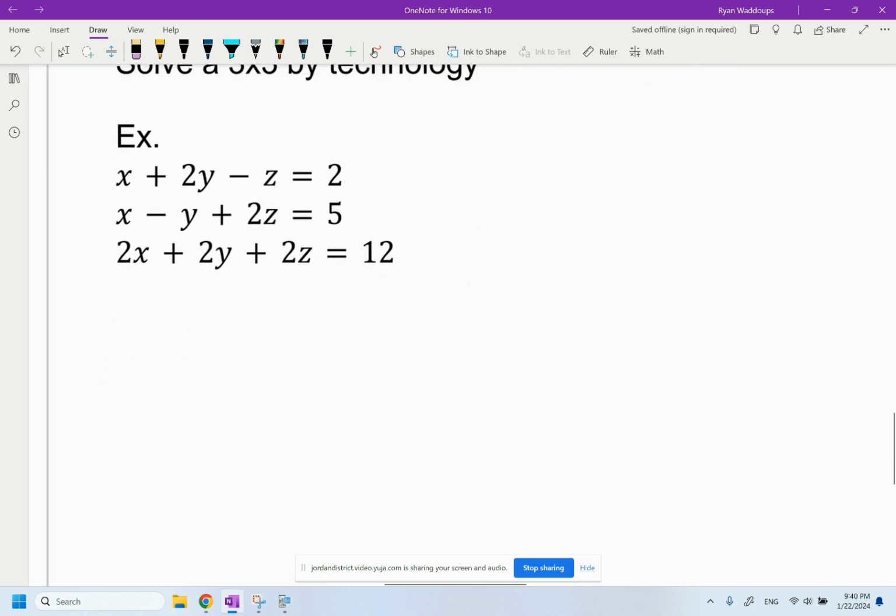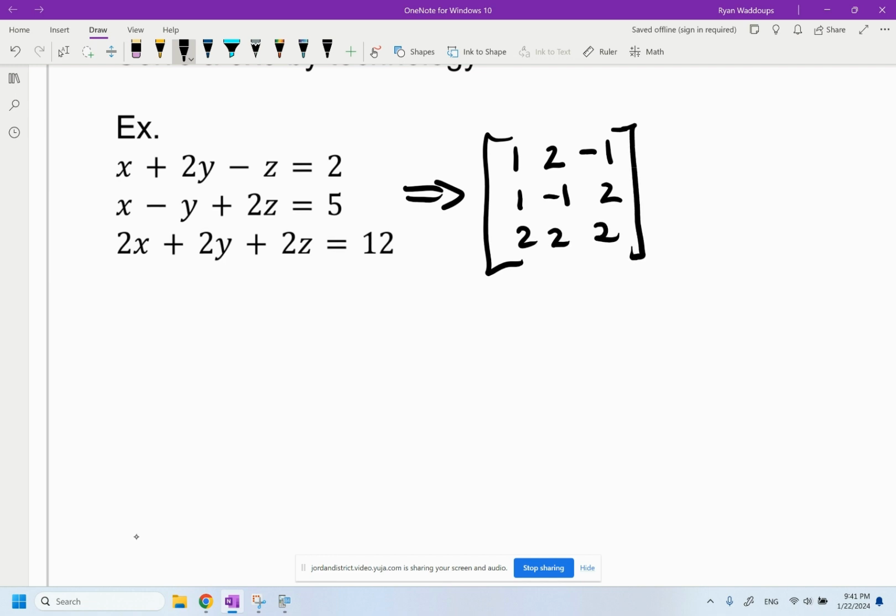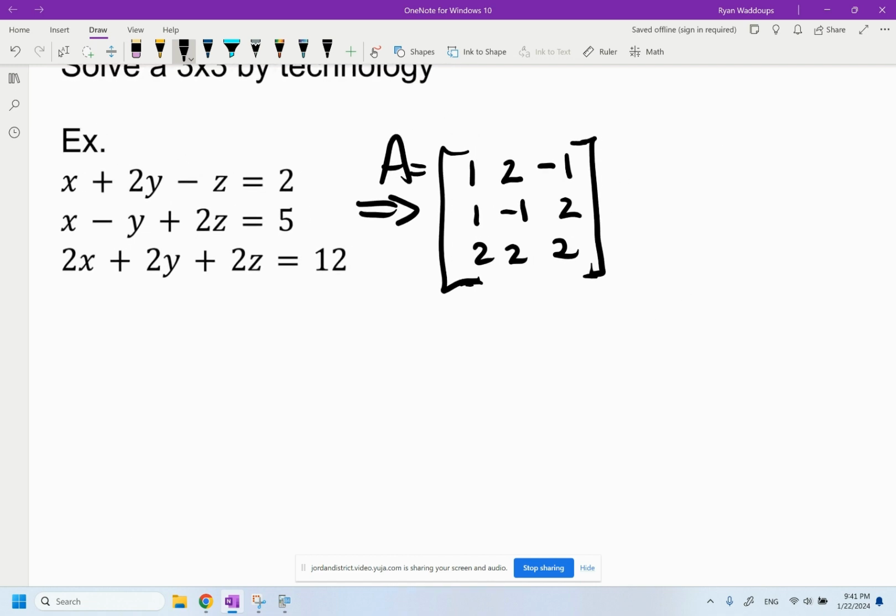The first thing we're going to do is write this as a matrix. So all of this becomes 1, 2, negative 1, 1, negative 1, 2, and then 2, 2, 2. And that's going to be our A. Not exactly an augmented matrix, but that's our A. And then we already know the X is our x, y, z.